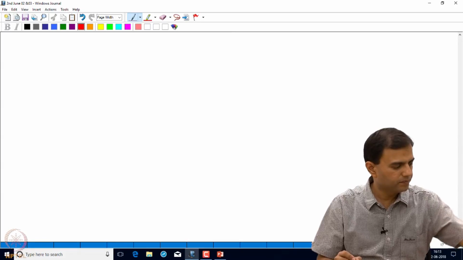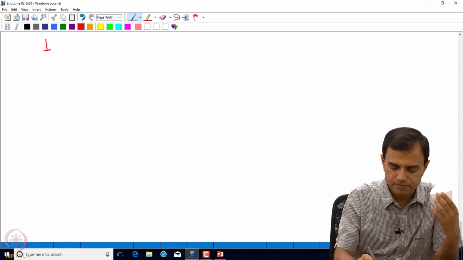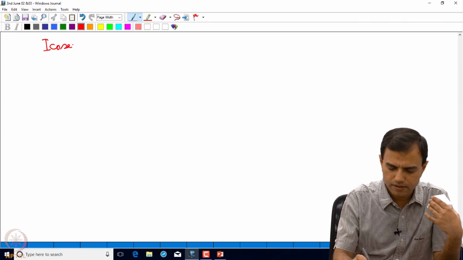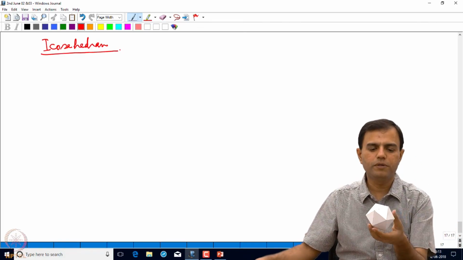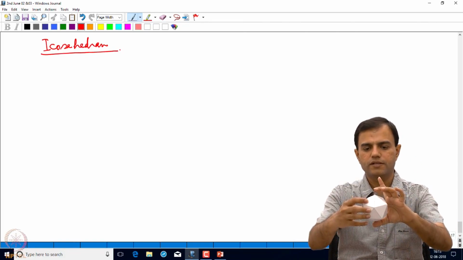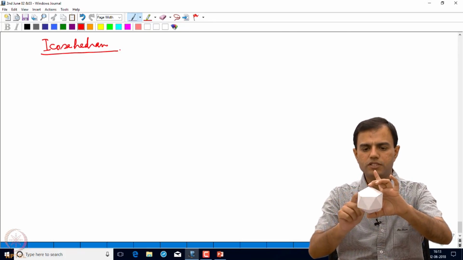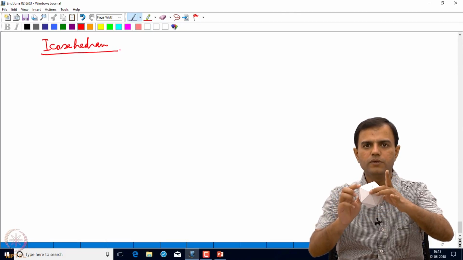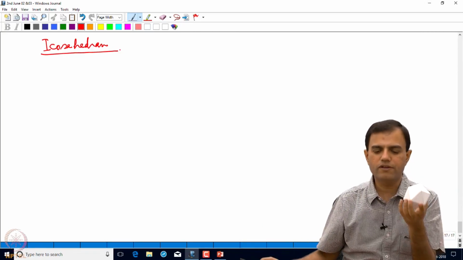Let me take my favorite one, the icosahedron. What to pick first? Let's take vertices. If I take vertices and rotate, how much is the angle which is admissible for symmetry? You can see 5. So here is an element of order 5.